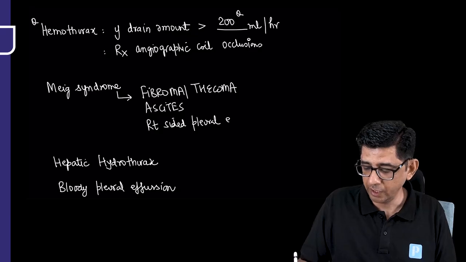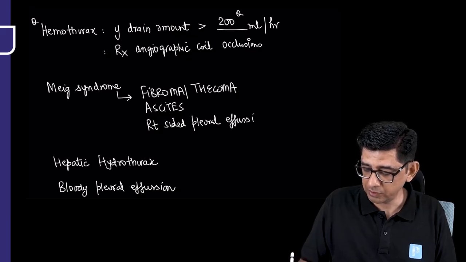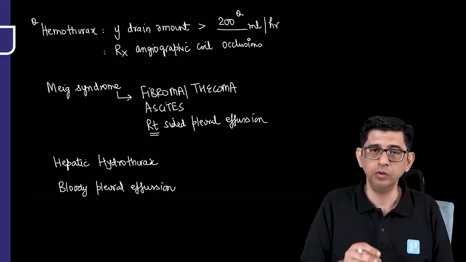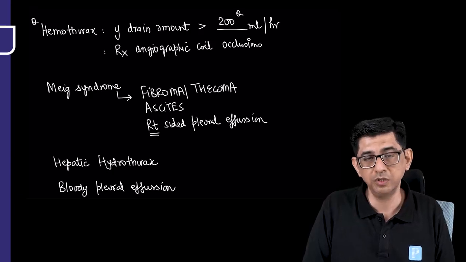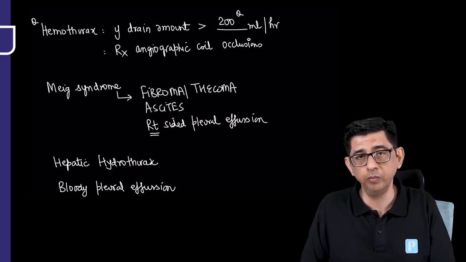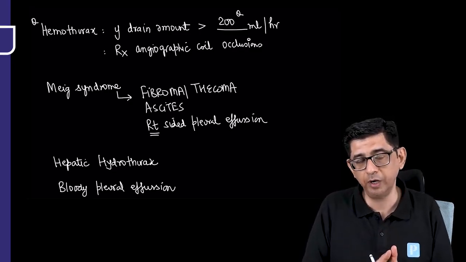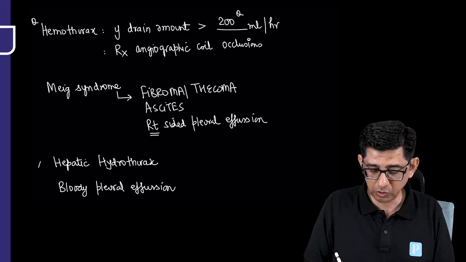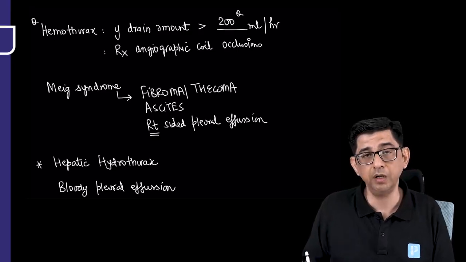I get queries on that. So the main message is that the holes in the diaphragm are more on the right-hand side as compared to the left-hand side, which is why the ascitic fluid, which is reactive fluid to the tumor, can leak from the peritoneal cavity into the pleural cavity as well. Then the same holes that I was talking about will also explain the term hepatic hydrothorax.